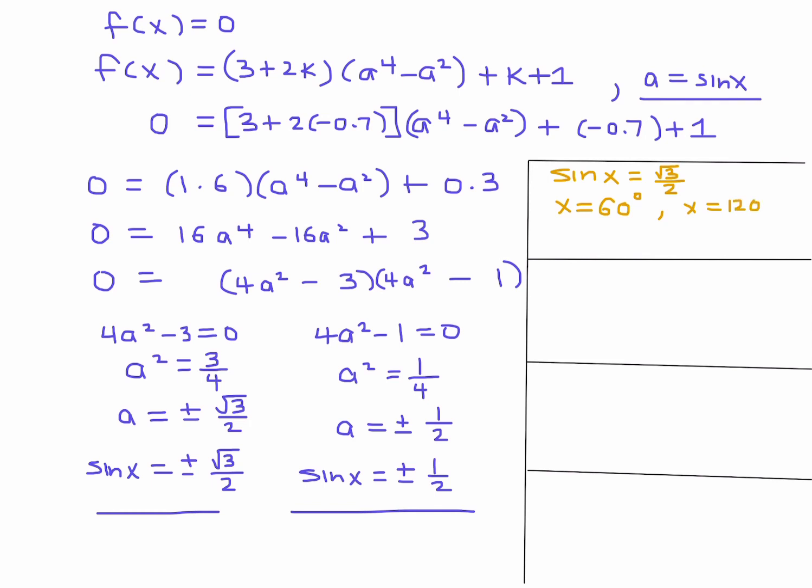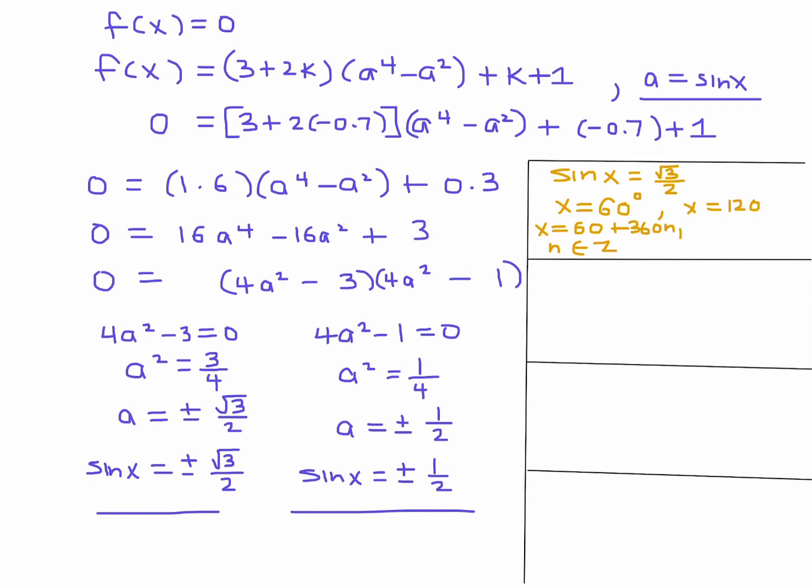All right? But we have to give all possible solutions. So any single value of x of the form 60 plus 360n, where n is basically any integer, is going to work because it keeps on going, right? If you look at the sine graph, it keeps on going forever.